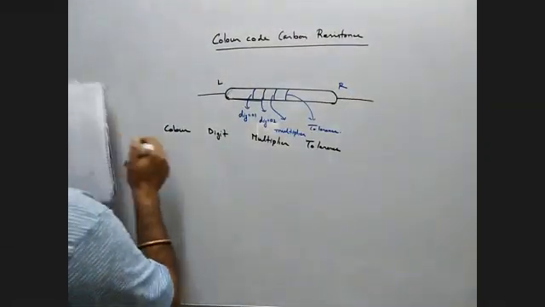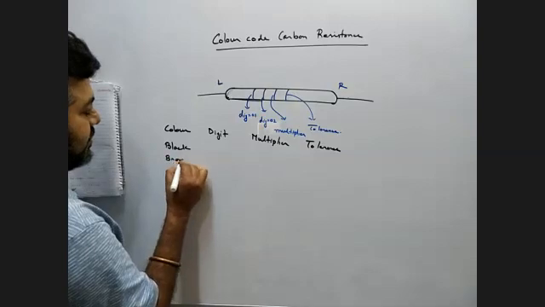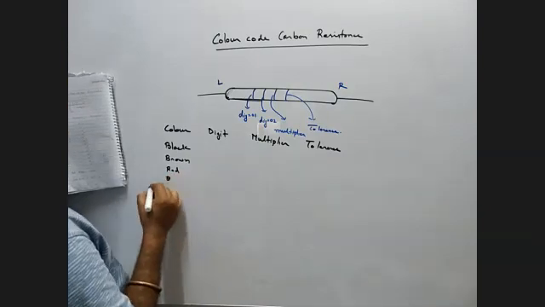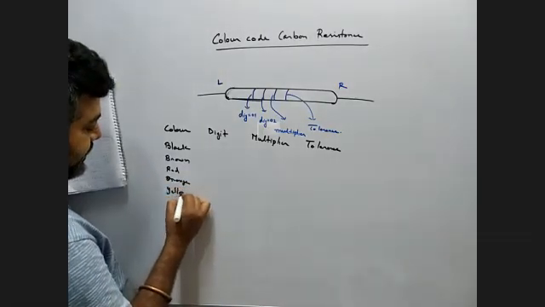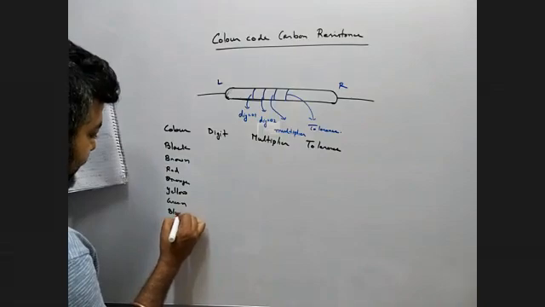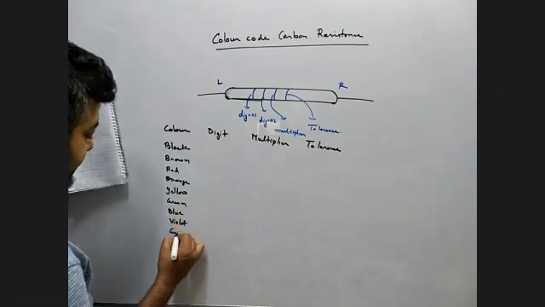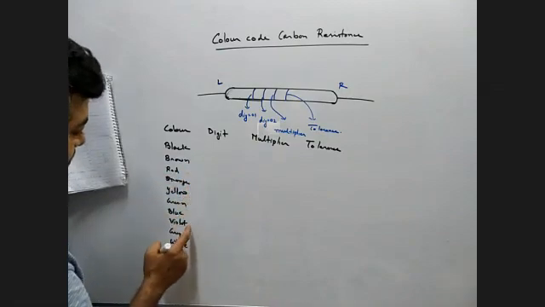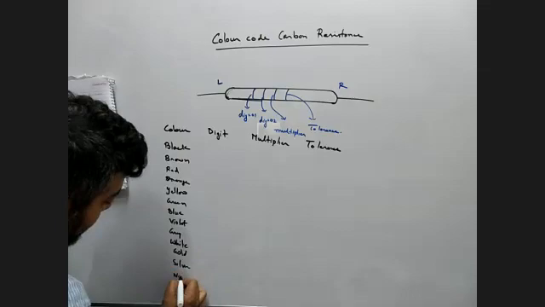The colors are black, brown, red, orange, yellow, green, blue, violet, then gray, then white, gold, silver, no color.